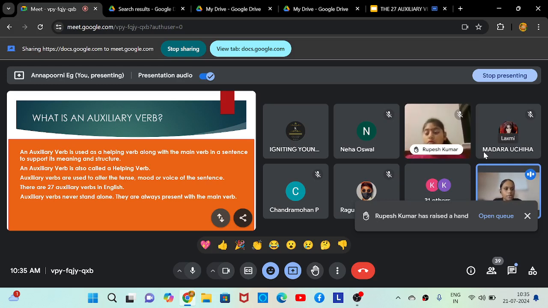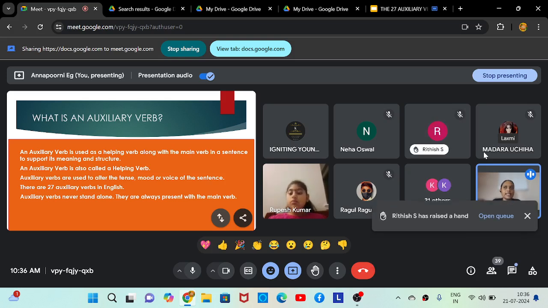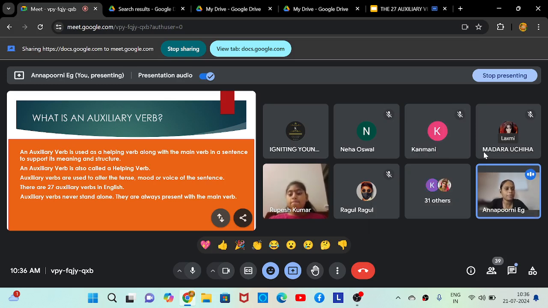Yes, Pratika, do you want to tell something? Ma'am, I have a doubt. Is substitution also called alter? No, alter does not mean substitute. That is called alternative. I can say that there is no alternative for this person. It means that nobody can replace this person.